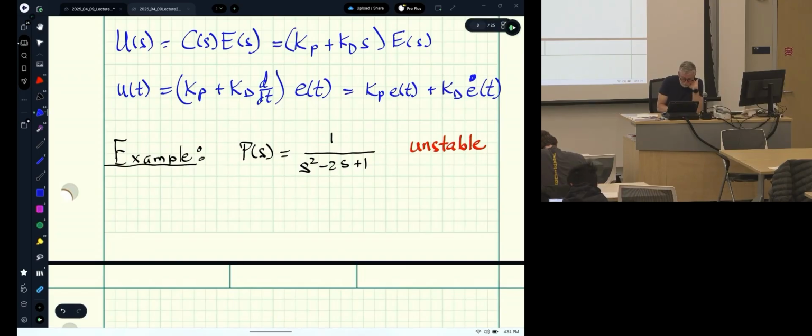Okay, so we select the only controller that we have in our library of controllers at this particular point. We select a PD controller.